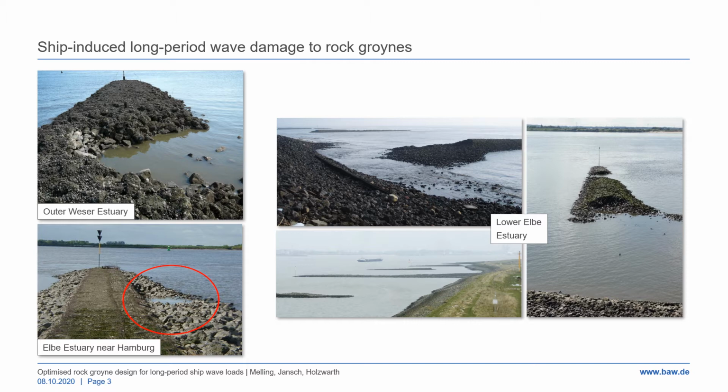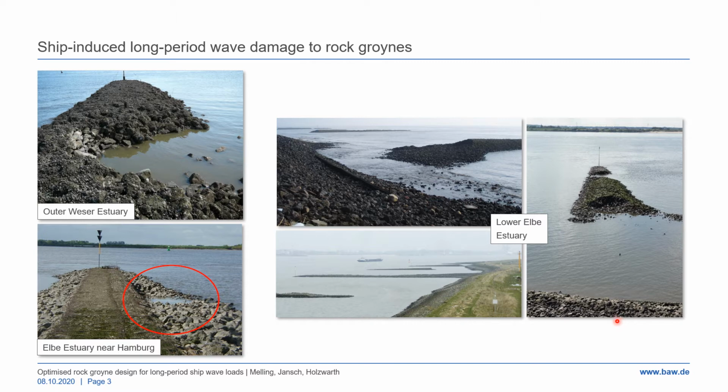The action of the long-period waves manifests itself in very characteristic damage patterns in estuarine groynes. Typically, a telltale sign is erosion on the lee side of groynes, as we can see here and here. Also, the root area and the crest area are very vulnerable, as can be seen in these pictures from the lower Elbe estuary.